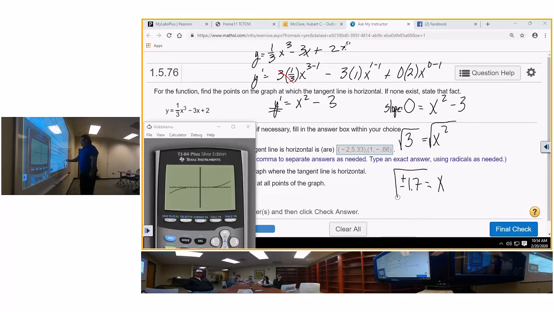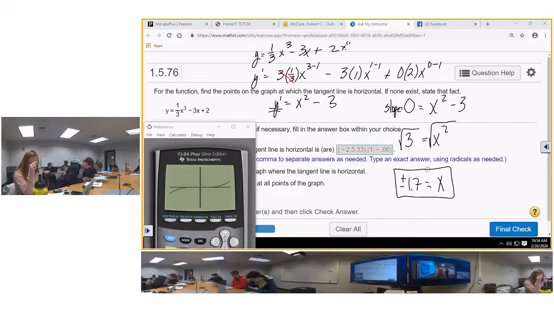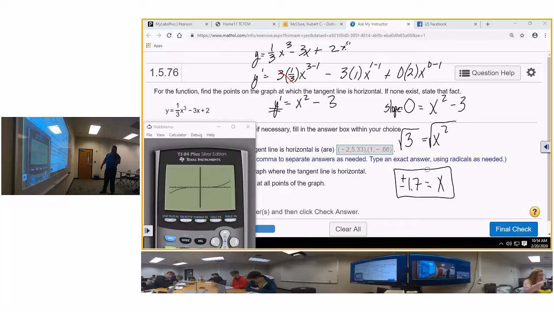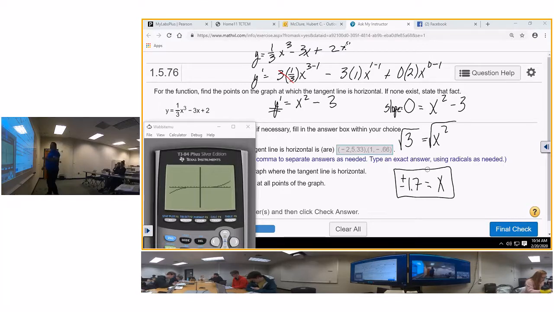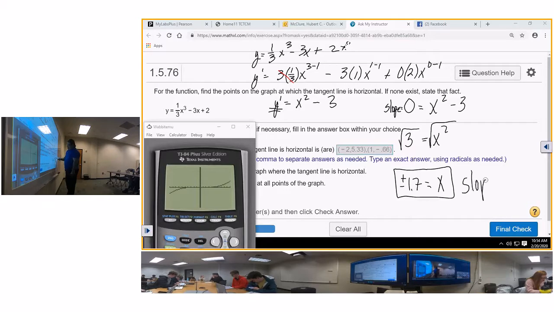I think the square root of 3 is 1.7, but y'all can check it on your calculator. So the slope at negative and positive 1.7, the slope is what? The slope is equal to 0.